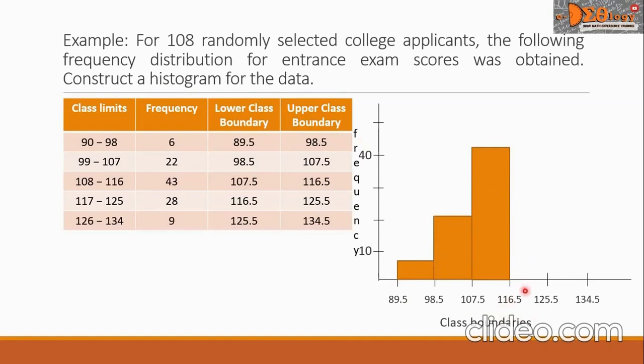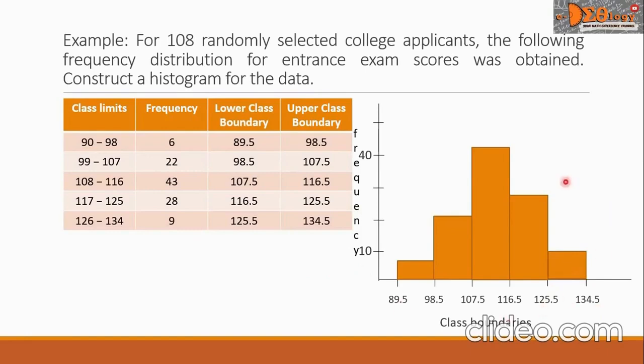And the rectangle corresponding to this is given with a height that is equal to 28 in the frequency. For our last class interval, whose class boundaries are 125.5 and 134.5, the rectangle is given here with a height that is equal to 9 in our frequency.